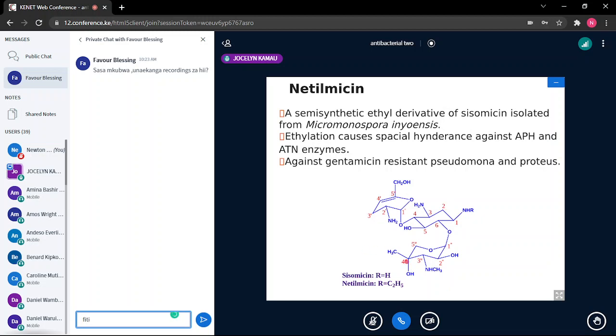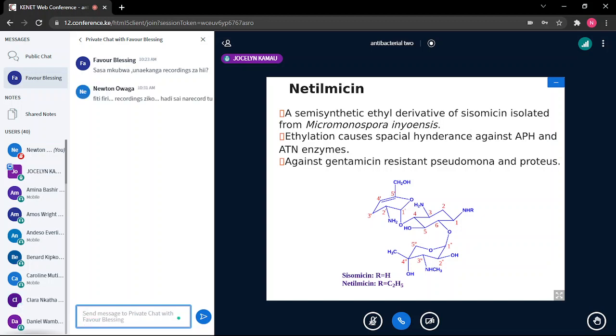So netilmicin is a semi-synthetic drug which has some positive characteristics, or has improved stability towards resistant microorganisms. So it has stability towards microorganisms.